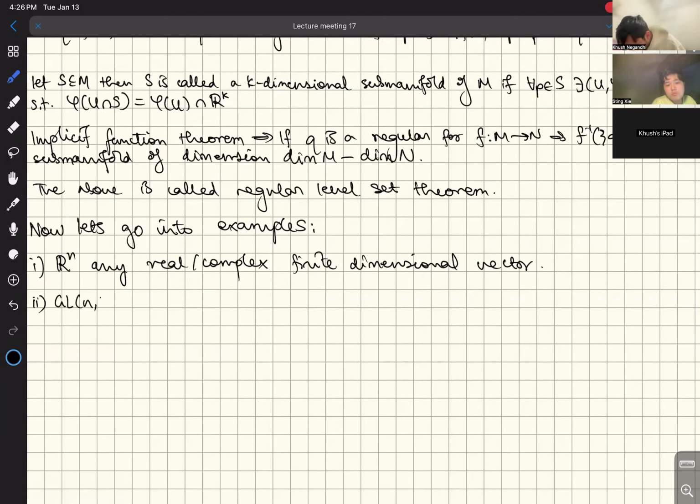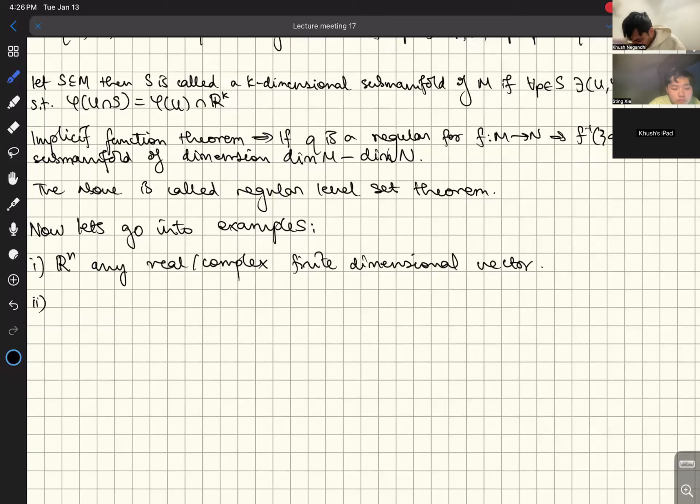So GL_n(R). Actually, before we go into GL_n(R), I'll go in a slightly different order than what I have in the meeting notes, because for some reason I overlooked this example way early.